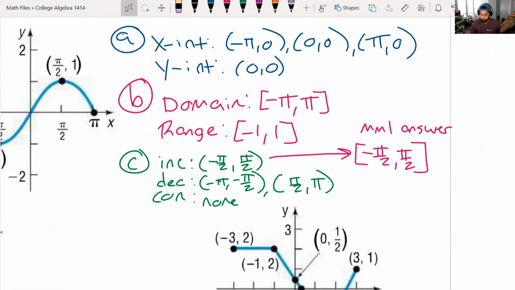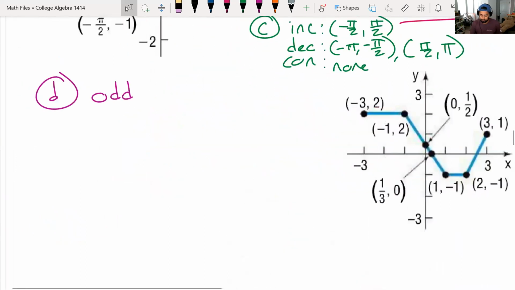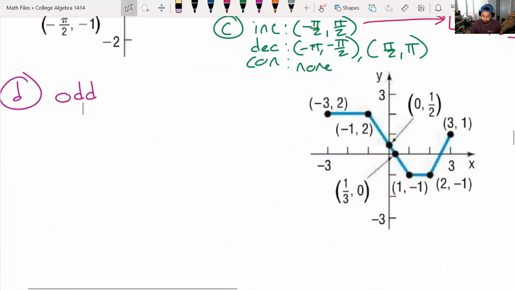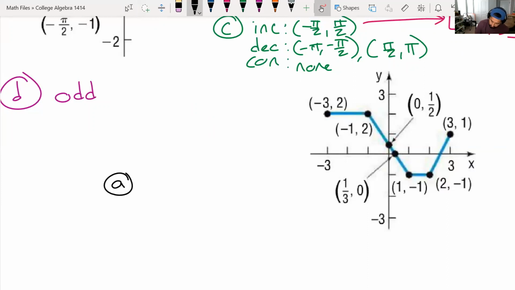Let's do it again. So for this guy, first off, find x-intercept, y-intercept. And for x-intercepts, looks like I have one right there, 1/3 and 0.